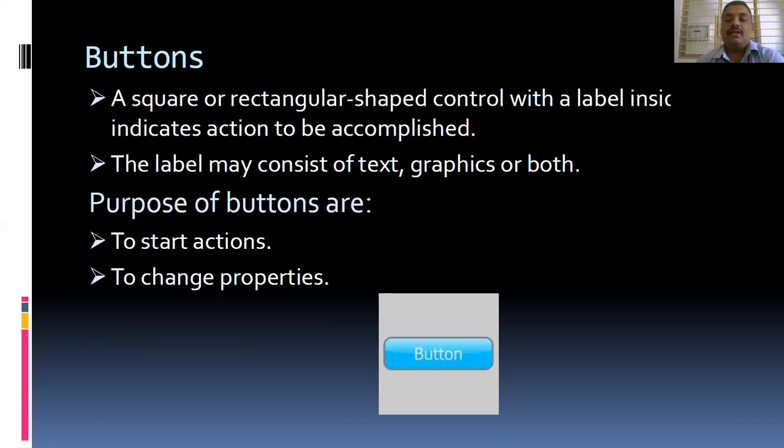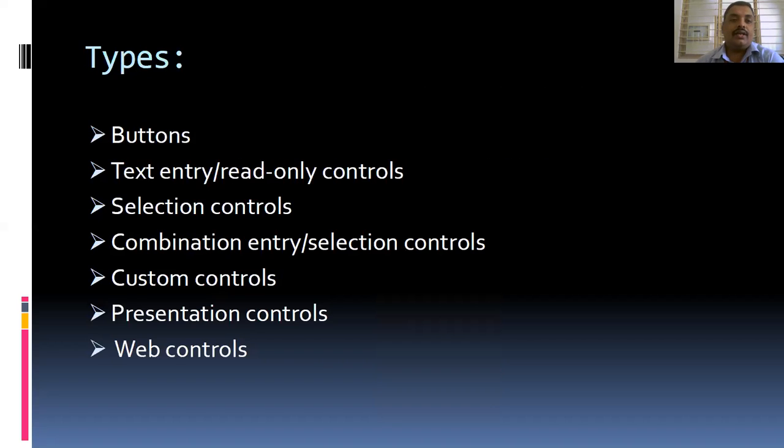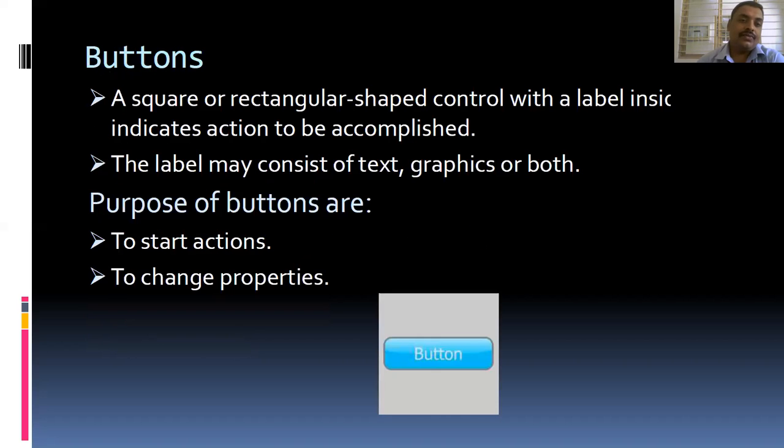Next, come to the button. Let us discuss one by one. What is a button, what is text entry, what is selection control, all these things we will discuss one by one. Next, come to the buttons. You have seen the submit button already, how the submit button looks, how the OK button looks. It's either a square or rectangular shaped control with a label inside.